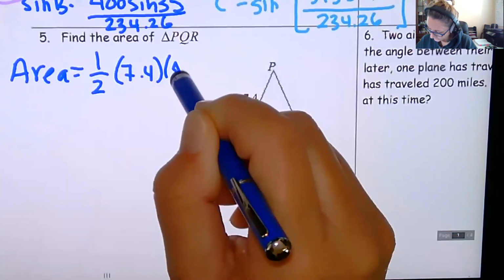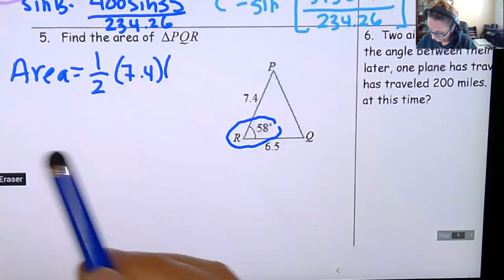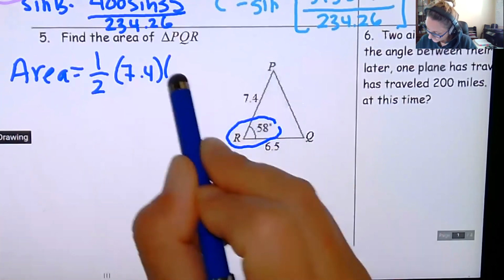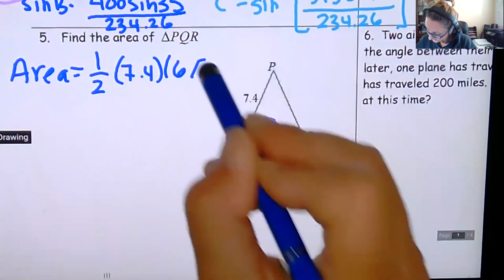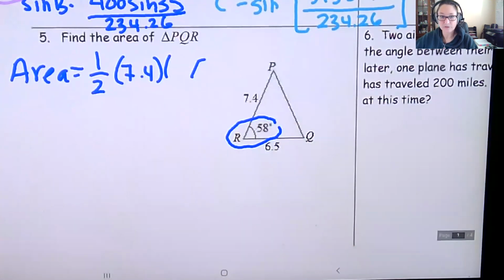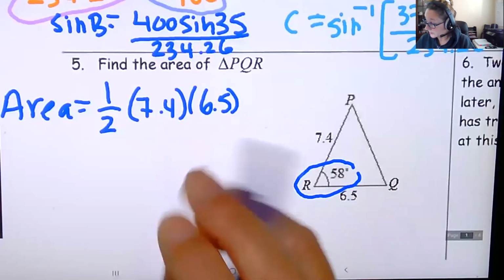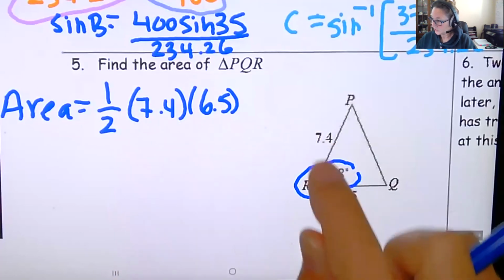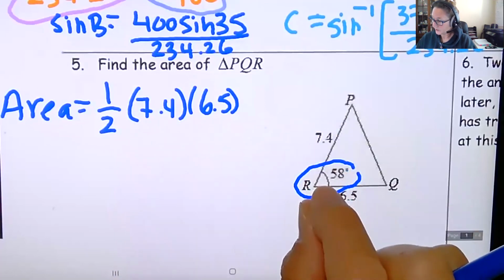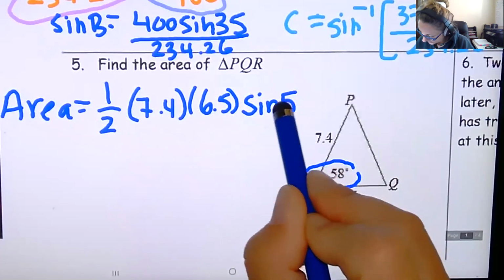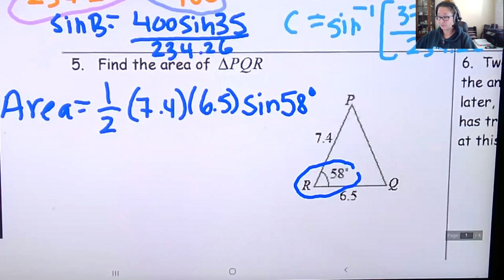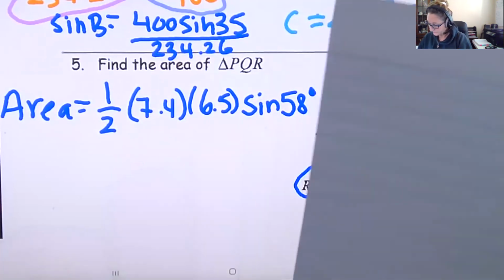Okay, let me just erase this. So 6.5. Let me pause for a sec. Okay, so again, 1/2, these two sides that make this angle times sine of the angle that we know the sides between, and then put that in your calculator, okay?